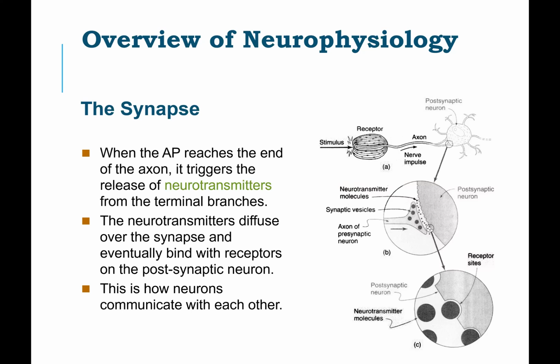If a cell always releases inhibitory neurotransmitters like GABA, then it inhibits the postsynaptic cell. So the physiology of the cell defines whether it's an excitatory or an inhibitory presynaptic cell.